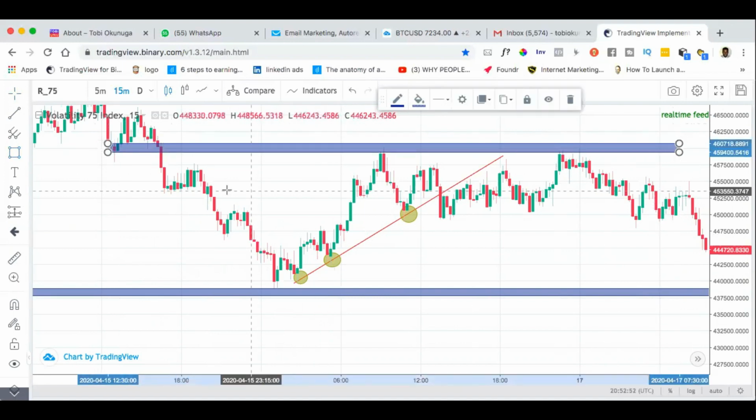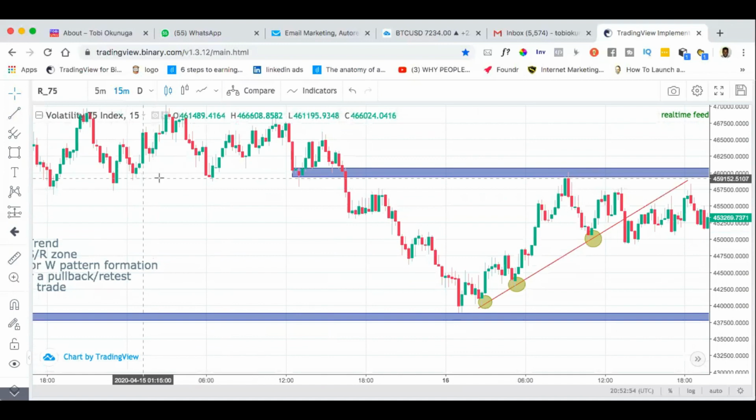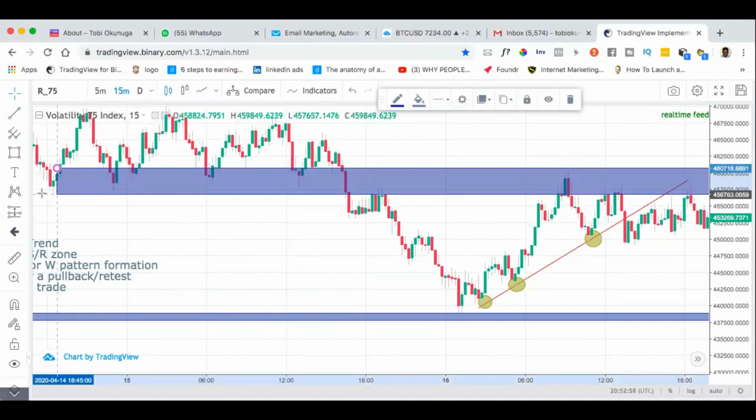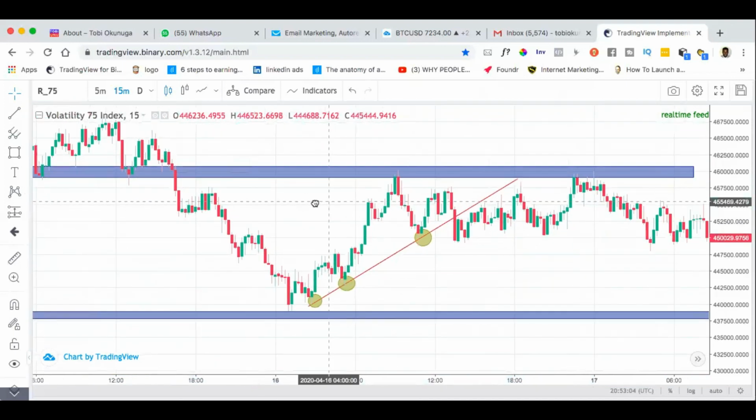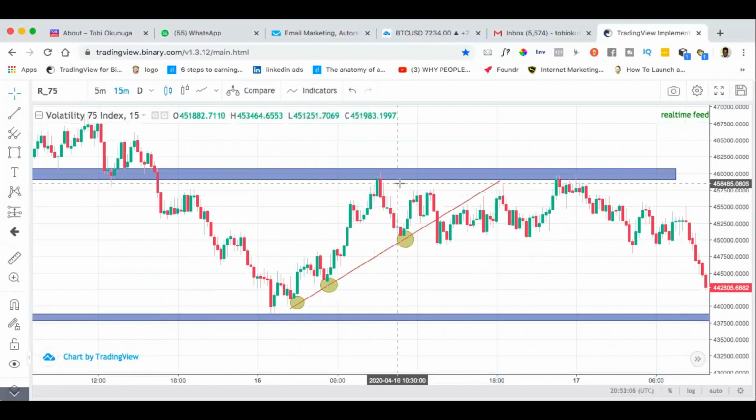As you can see from the back here, this is a psychological zone. Market was acting up at that zone. That means either price breaks the zone or keeps going back, and you can see something pushed the market backwards.